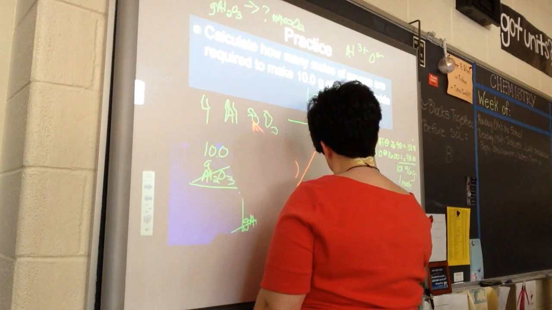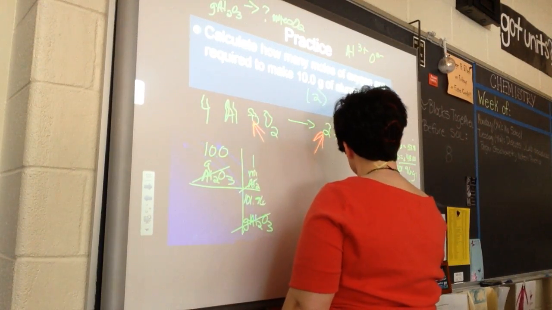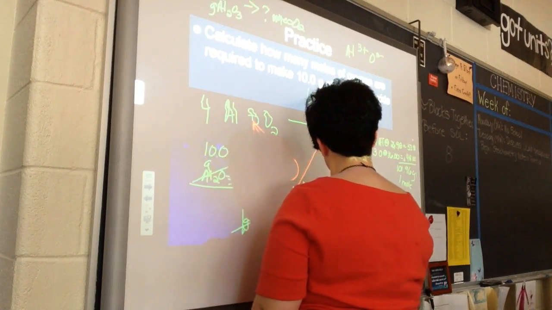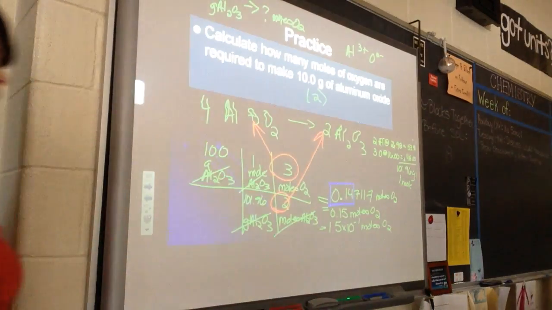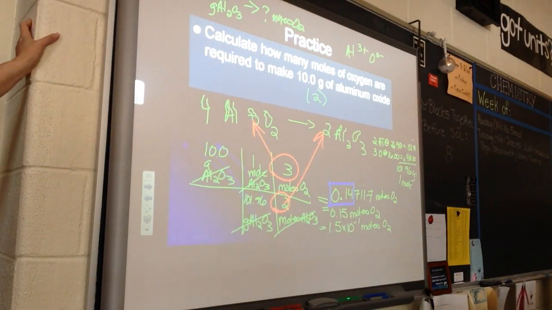So 0.15 moles O2. If you wish to notate, 1.5 times 10 to the negative 1 moles O2. Focus on my words. On the SOL test, let's suppose this exact problem was on the SOL test, and it was a multiple choice question.